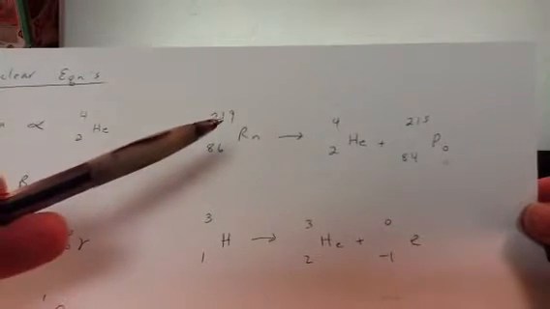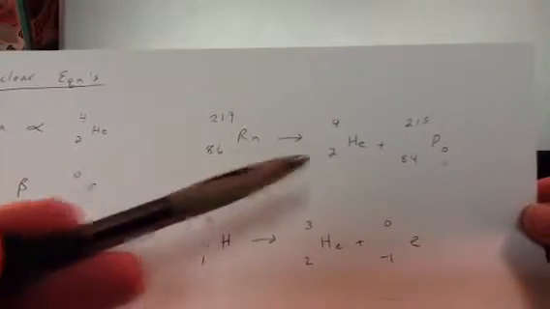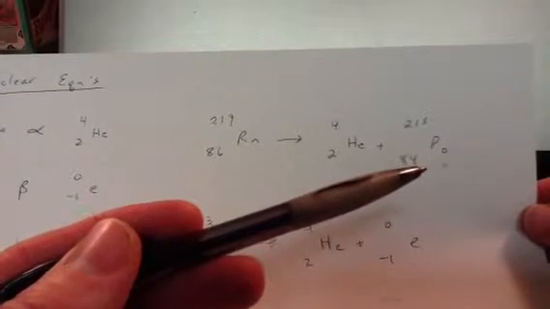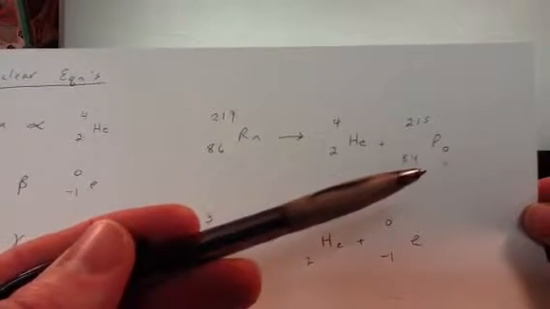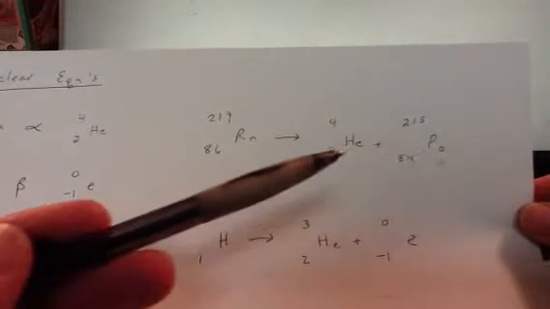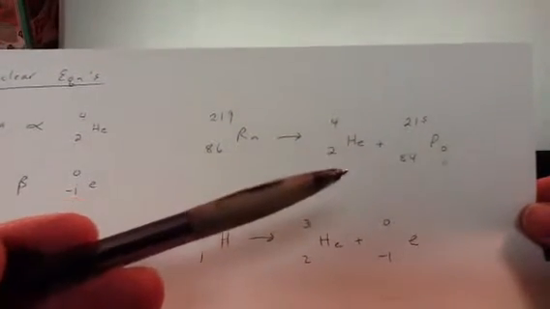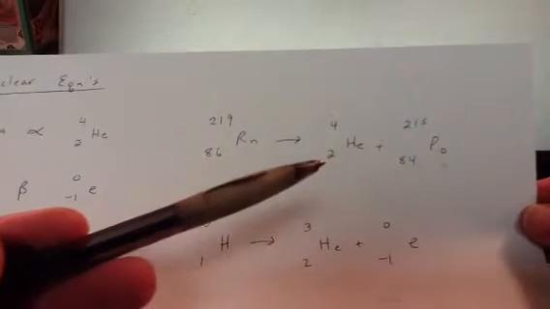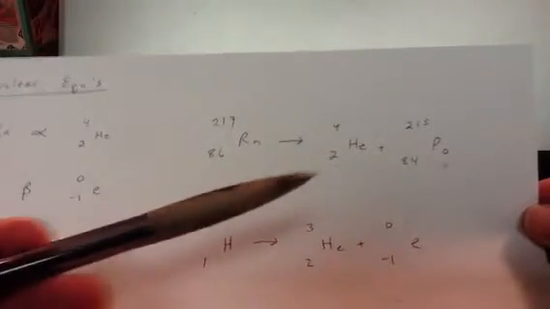The number of atoms on the left side and the right side must be equal. And all you have to use is your periodic table to find out what 84 is. 84 being Po, polonium, 2 being helium. The 2 represents the atomic number, which is the integer on the periodic table.